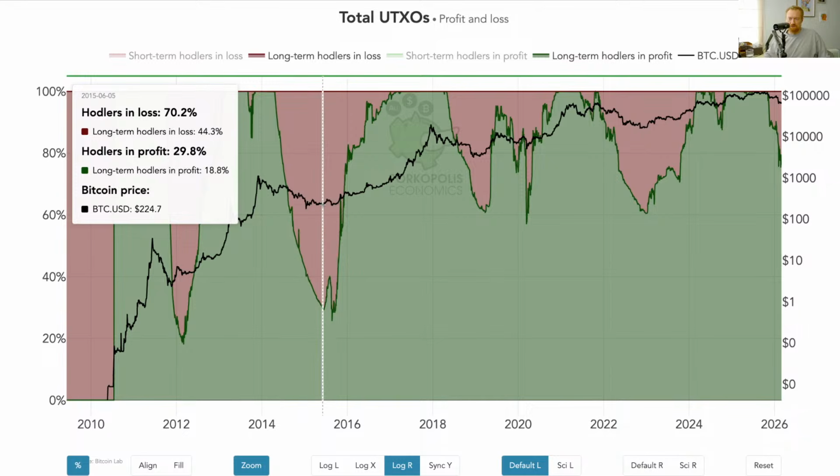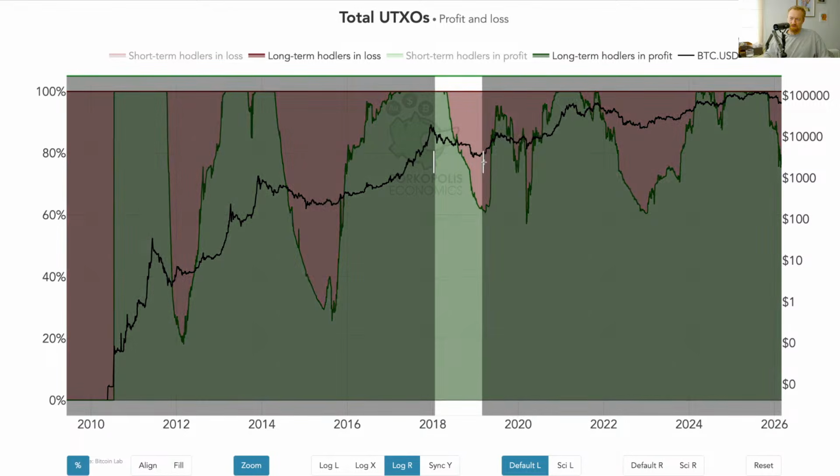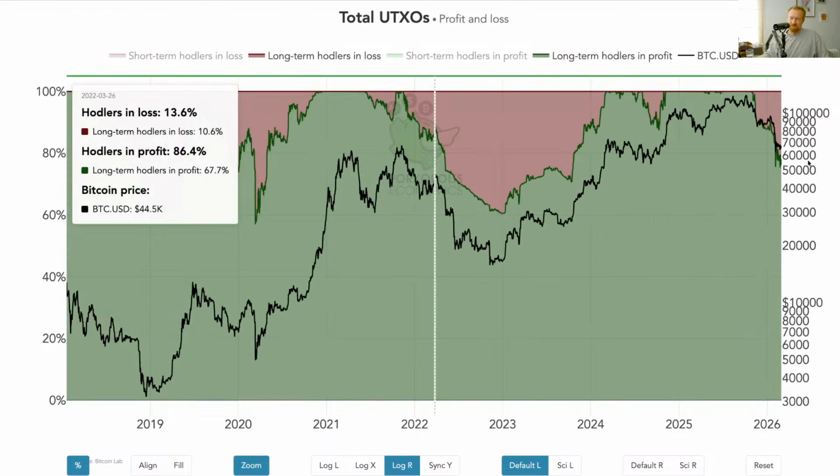Hodlers in loss long term. 80-20, 70-30, 40-60, 40-60. Probably less than 30, but I think longer. I mean, the 4-year cycle is totally intact, in my opinion. It's totally intact.